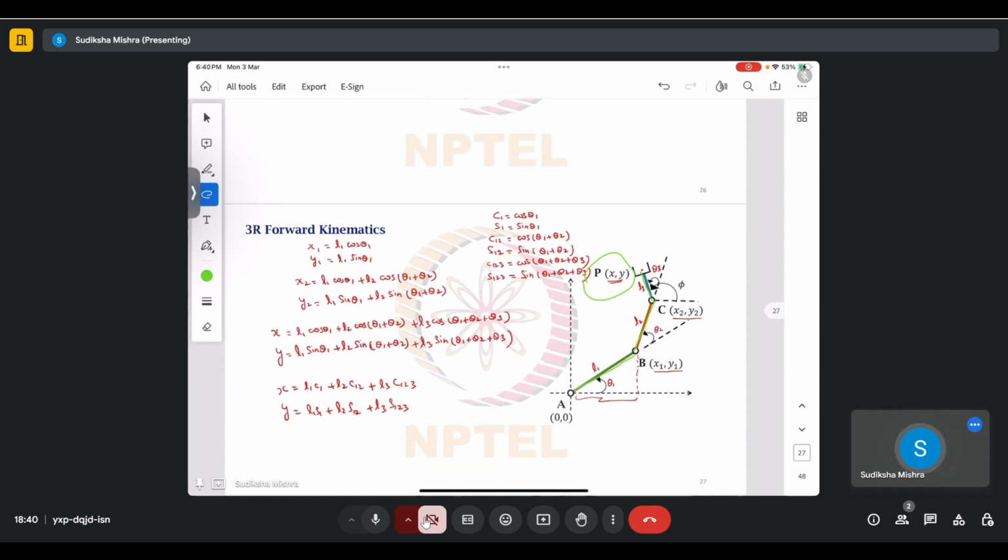For forward kinematics, we have L1, L2, L3, theta 1, which is the angle of the L1 arm with the horizontal, theta 2, the angle between L2 and L1, and theta 3, the angle between L3 and L2.